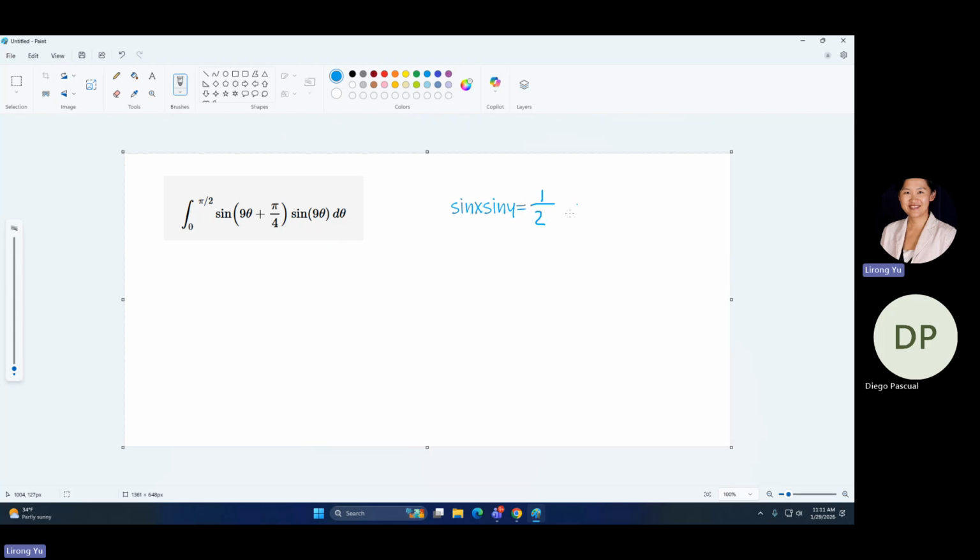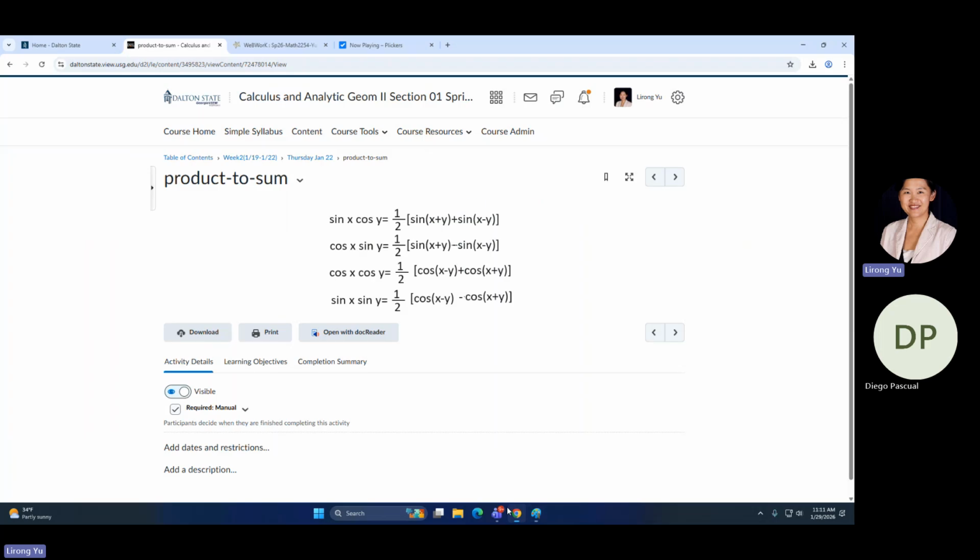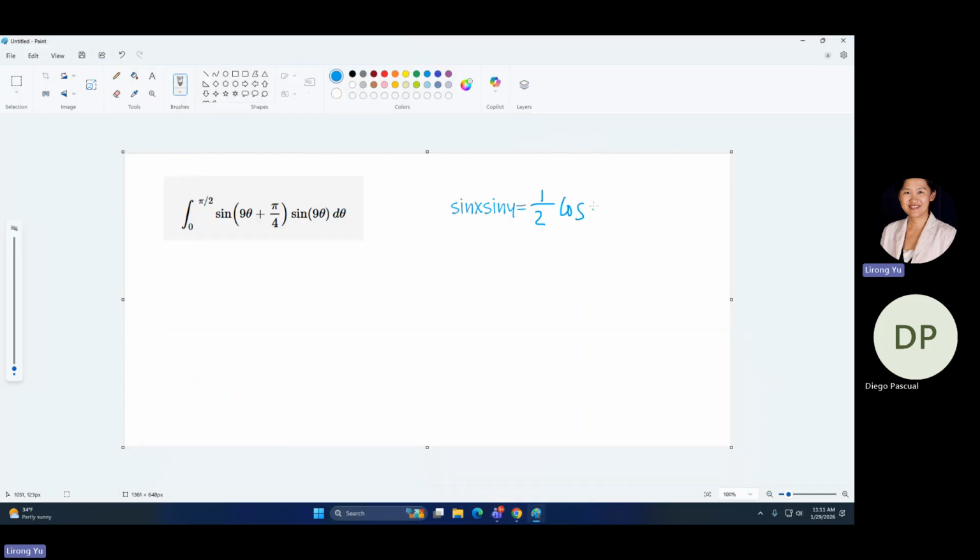And here we're going to have cosine of x minus y. We start with the subtraction, right? Basically the addition angle formula and subtraction angle formula for cosine have cosine and sine multiplied.